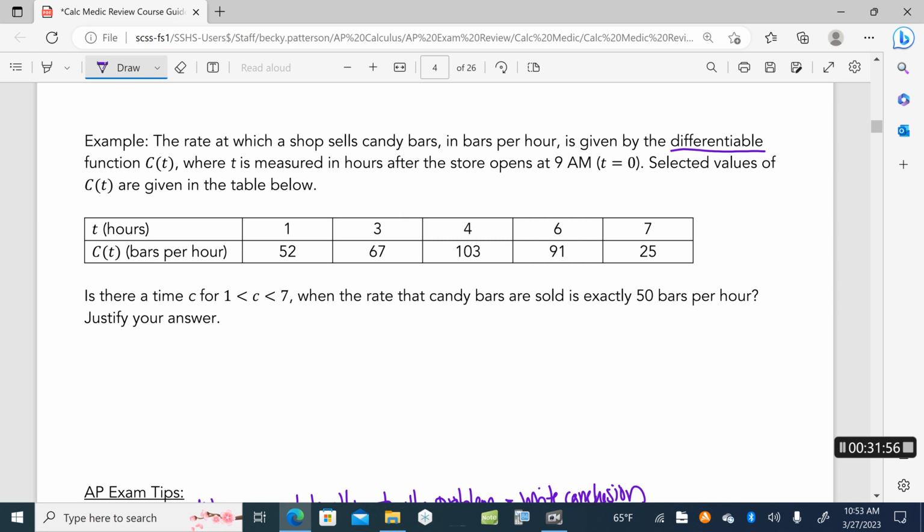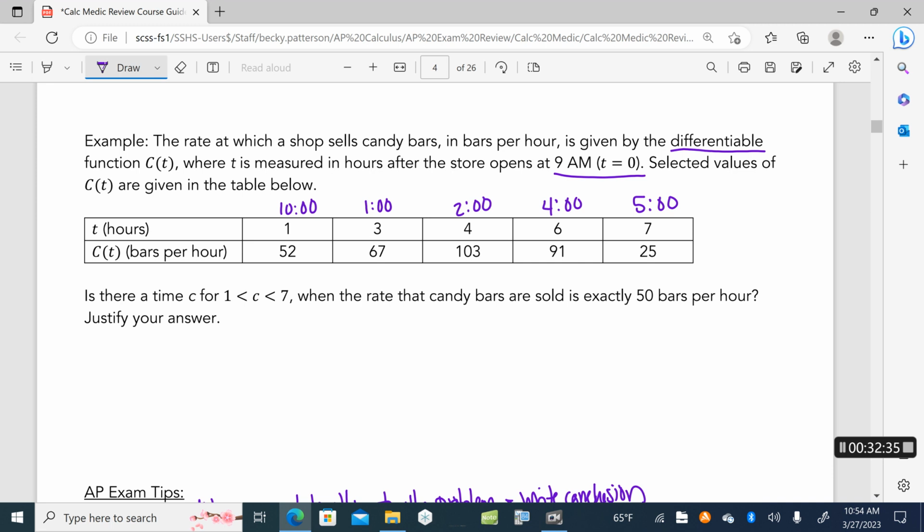Differentiable function C of t, where t is measured in hours after the store opens at 9 a.m. So t equals 0 is 9 a.m., so this would be 10 a.m., 11, 12, 1, and this would be 2, 4, and there's 5 o'clock. Selected values of C of t are given in the table below. Okay, now selected values means selected values, and you don't know what happens in between these times.